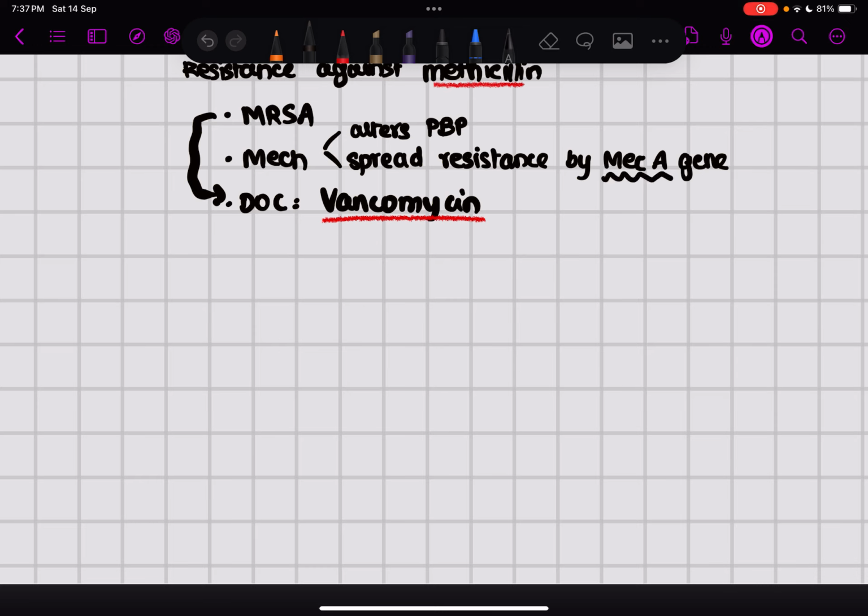This MEC A gene spreads the resistance and alters the penicillin binding protein, which is the methicillin resistant Staphylococcus aureus mechanism. This penicillin binding protein is totally altered. What does vancomycin do? It prevents the polymerization. It sits in between, so it must bind near to the D-alanine.